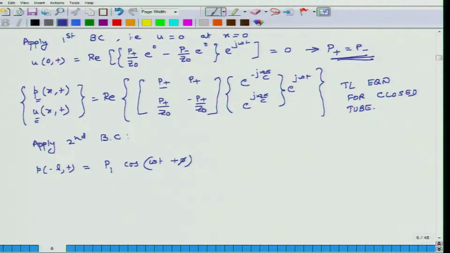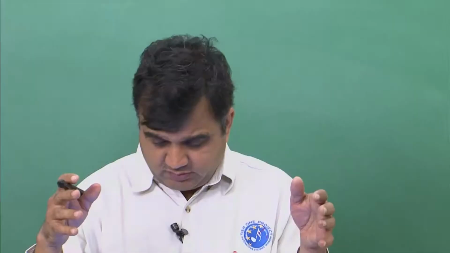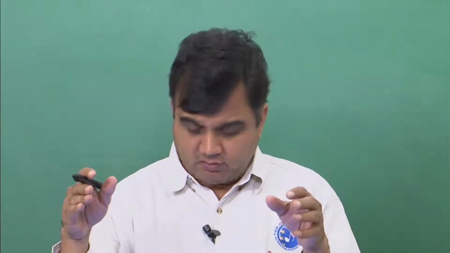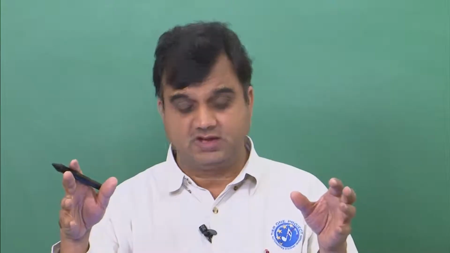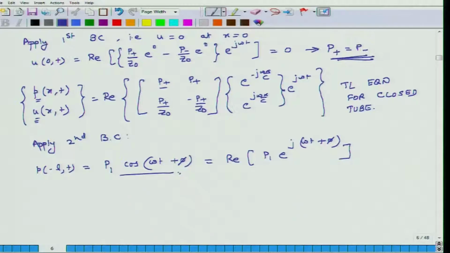I can express this entire expression in also this format, real of P1 e j omega t plus phi. Why is that? Because e to the power of j omega t plus phi equals cosine of omega t plus phi plus j times sine of omega t plus phi, and if I take the real portion of that, I end up with just the cosine term.